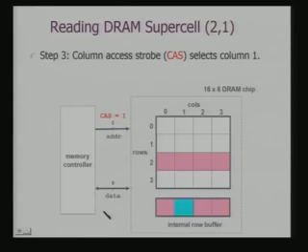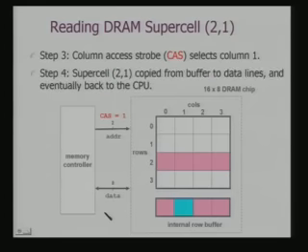On the basis of this column address you select the internal cell, and you select that cell in the row buffer, and then it is copied from the buffer to the data lines and eventually back to the CPU. It goes via the memory controller.